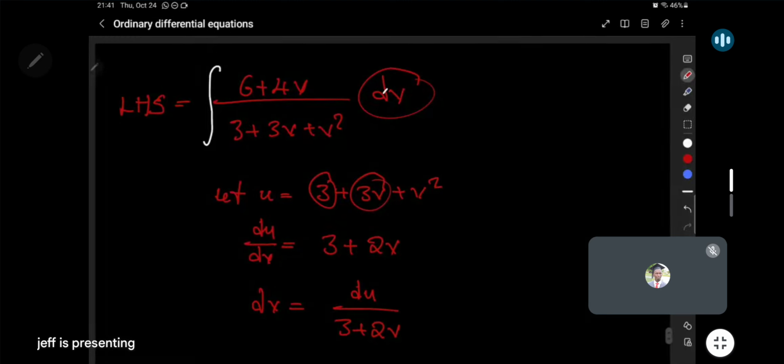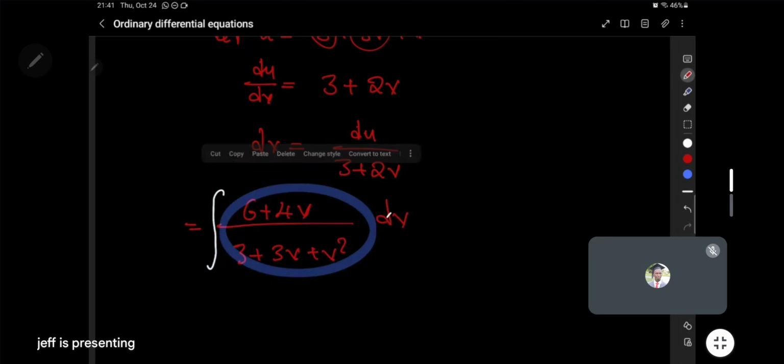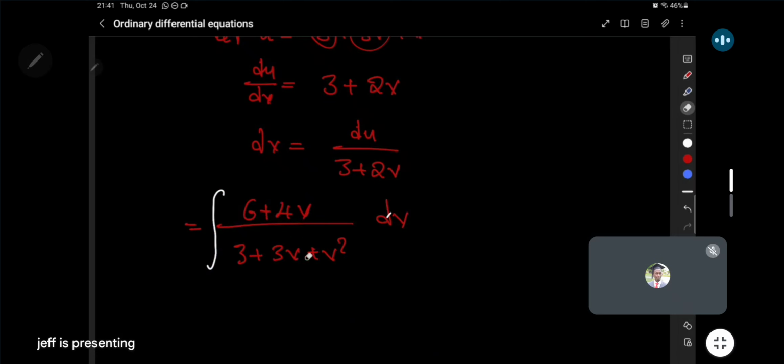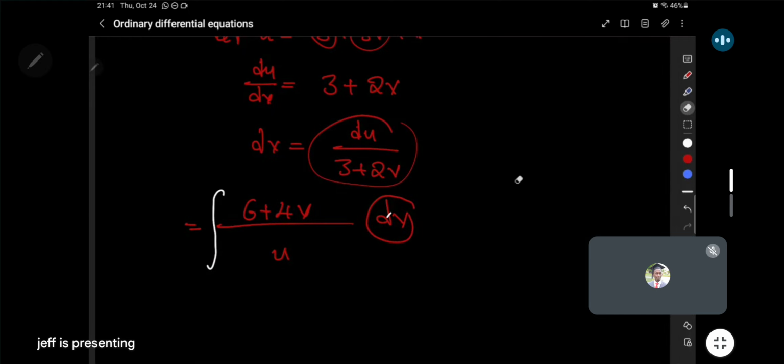Now we can make the substitution in our expression. Where we have the denominator, we put u, because we said let that denominator be u. But while there's dv, we'll put the derivative we get from differentiating u.